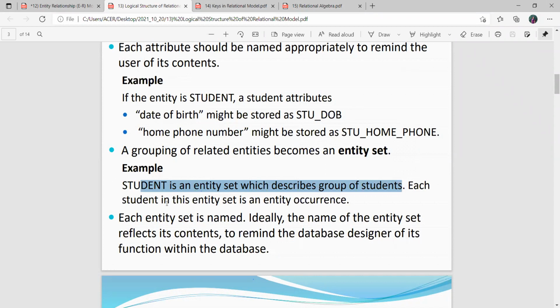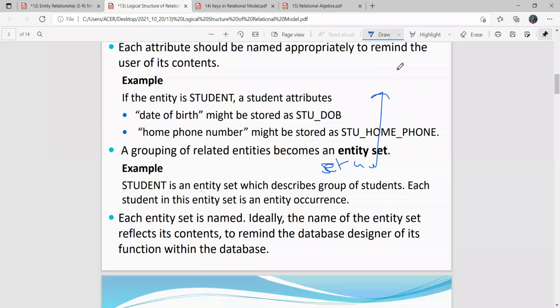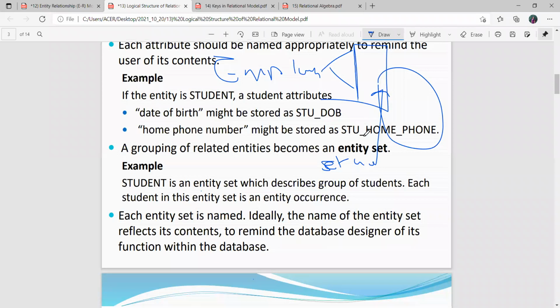Each student in this entity set is an entity instance. When we consider an entity like student, this represents the set of students, not a single value. Likewise, employee represents the entity set, that means a set of employees.